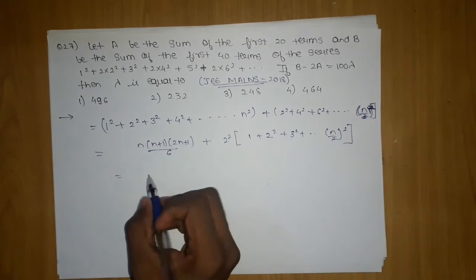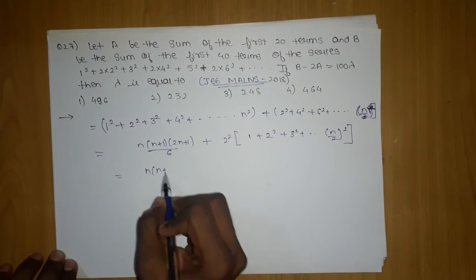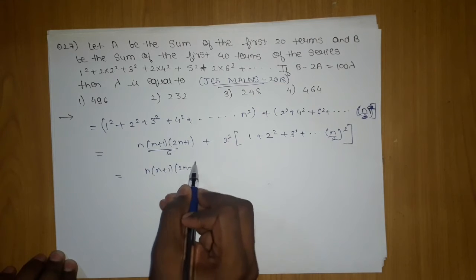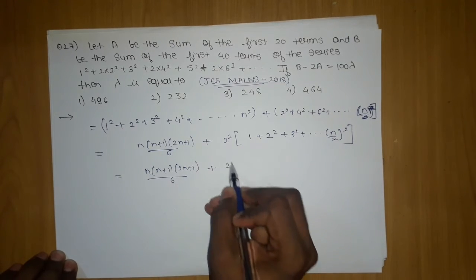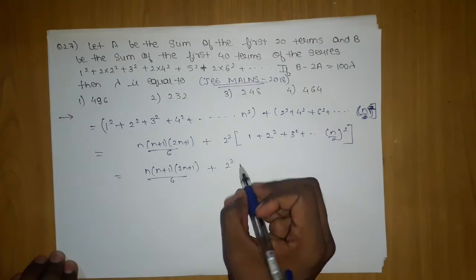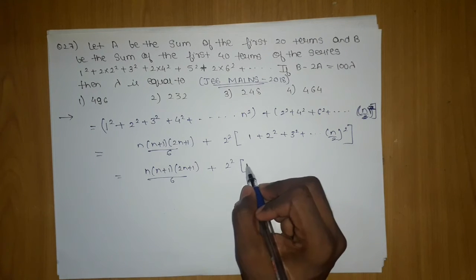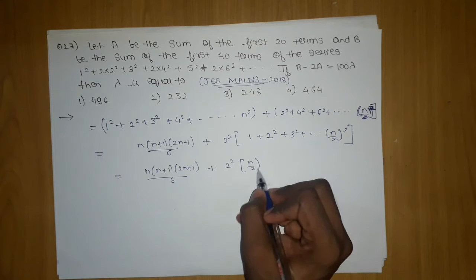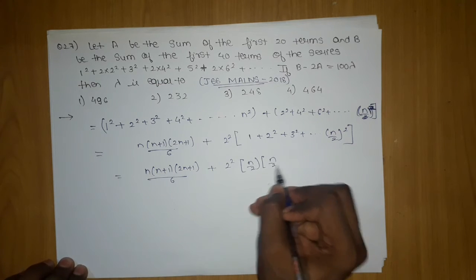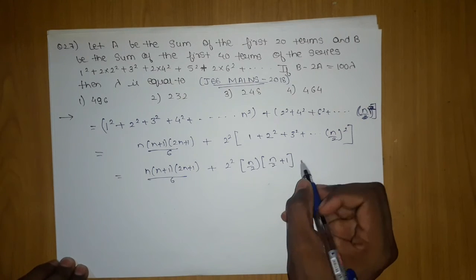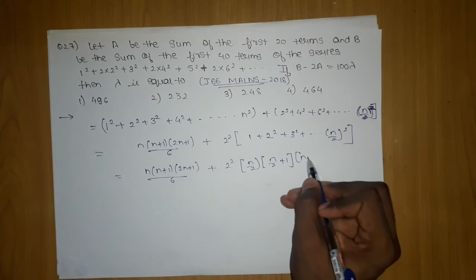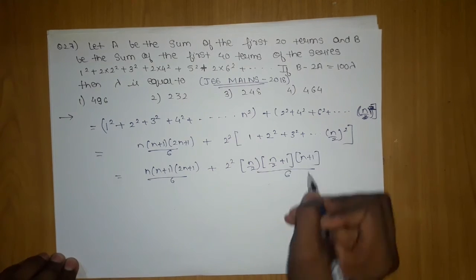So what will be my final answer? It will be n into n plus 1 into 2n plus 1 by 6, same. Here it will be the sum of squares of even natural numbers, so 2 square into n by 2 bracket n by 2 plus 1, and when we apply 2n plus 1, this will become n plus 1 by 6.